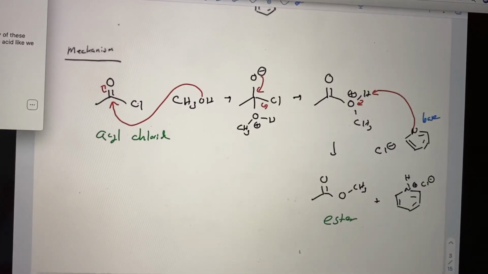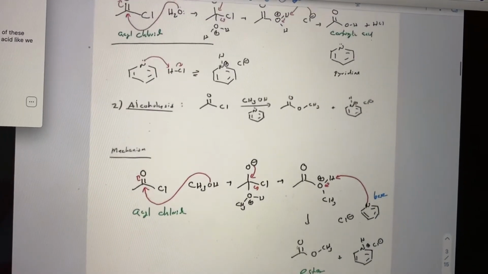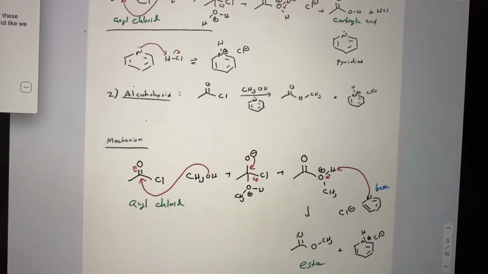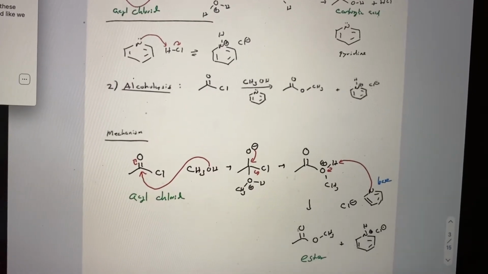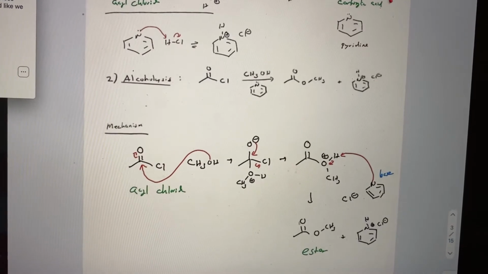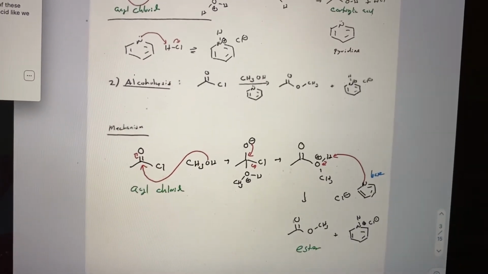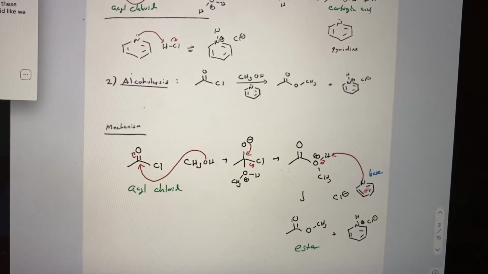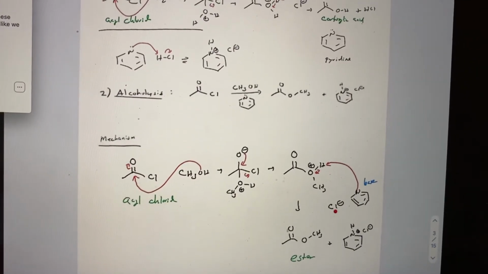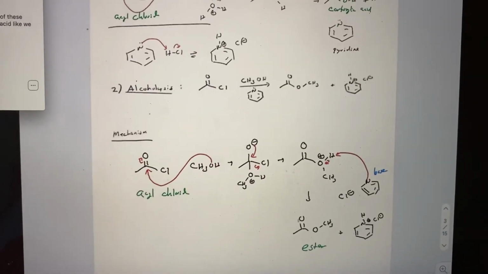The other role that it plays as a base, I'll show both reactions here now, is it's going to coordinate to the chloride here. So in both this reaction at the top to form the carboxylic acid, or the one with the alcohol on the bottom, in the absence of pyridine, you generate HCl. So you generate the proton, whether it be from water or methanol, and the chloride.